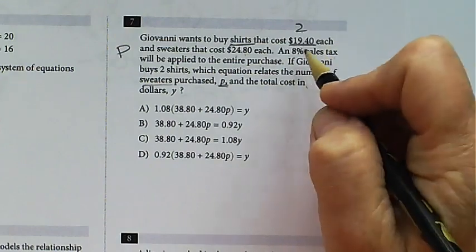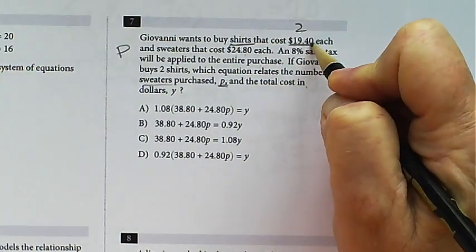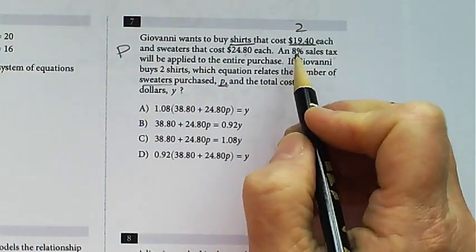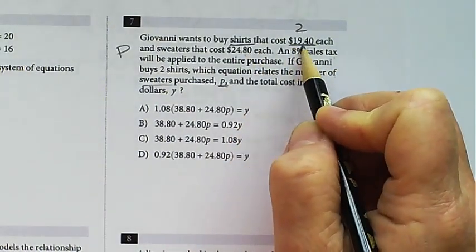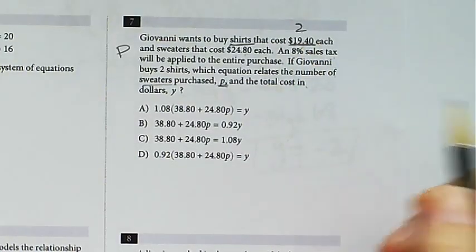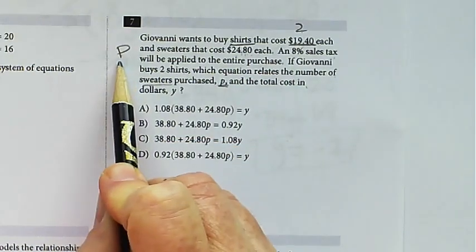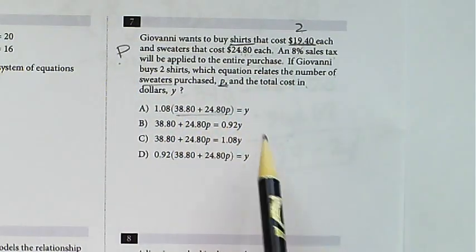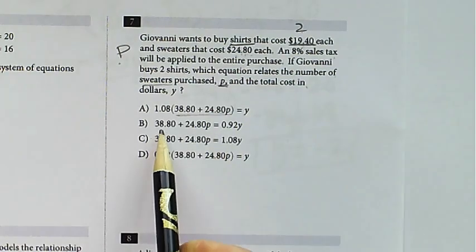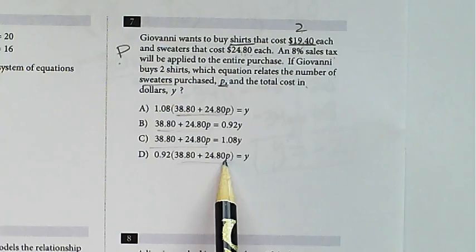You could think of it that way, because you're subtracting 60 cents plus 60 cents. But anyway, 2 shirts is going to be $38.80. P sweaters is just going to be $24.80 times P. So I'm looking at this one. This looks correct. This could be it. Actually, all of these have that expression.